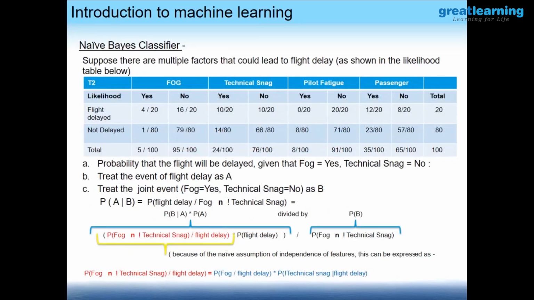Once again, I have only 100 records. 80 times no flight delay, 20 times flight delay. And these are the various events which I have captured from the past. These are my attributes. So 20 times when there was flight delay, 4 times there was fog at the airport, 10 times there was technical snag, 0 times there was pilot fatigue.